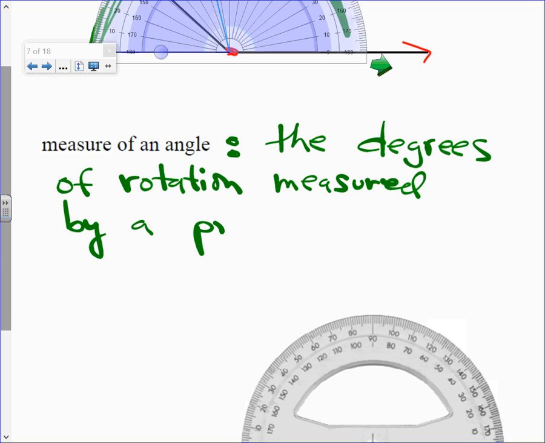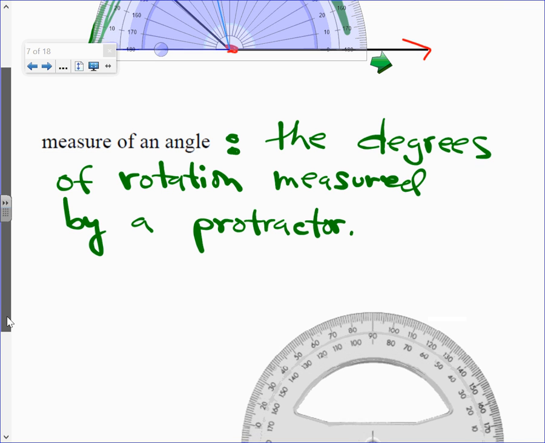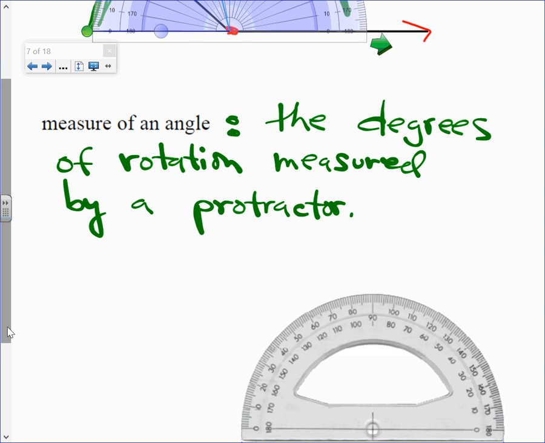Now, a protractor is the device that we use to measure an angle. Let me show you what I'm talking about.